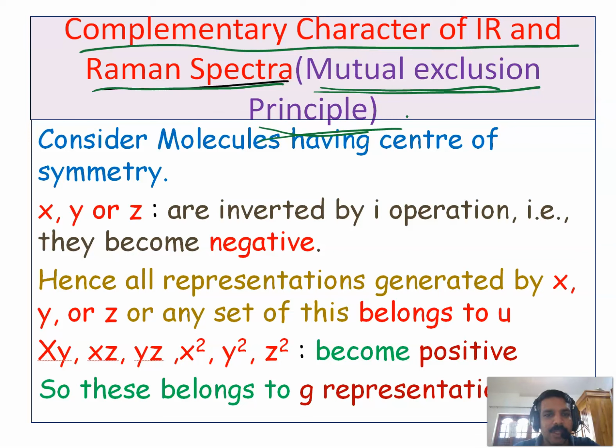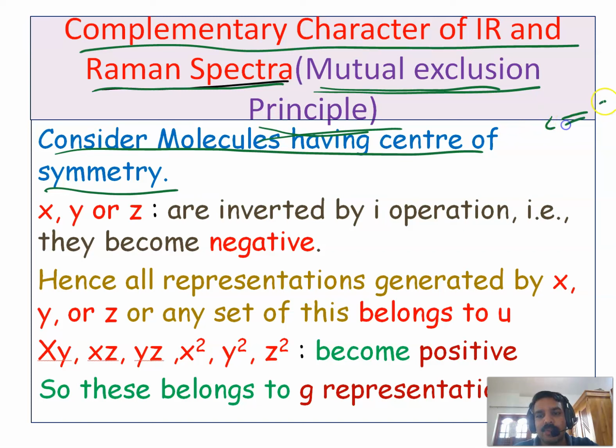Okay, listen carefully. Consider molecules having centrosymmetry. For example, molecules like C2H4, having the point group D2h, and molecules like SF6, having point group Oh.